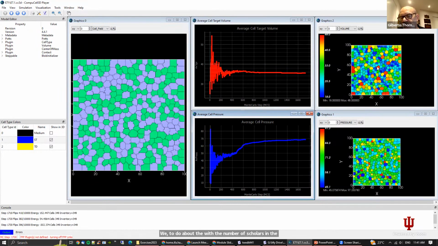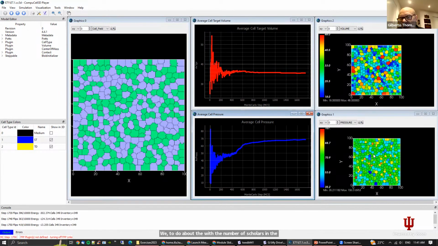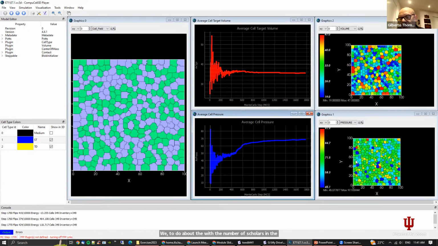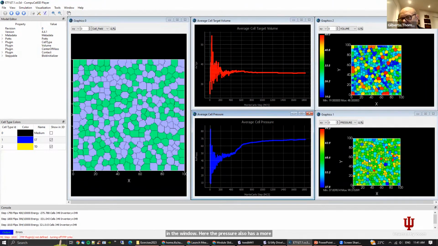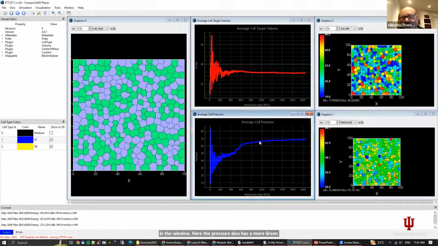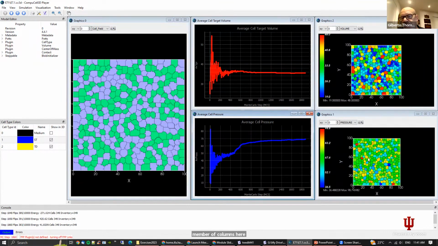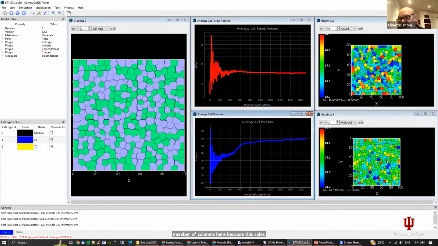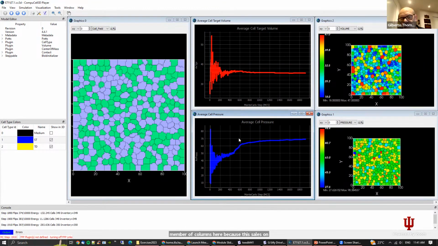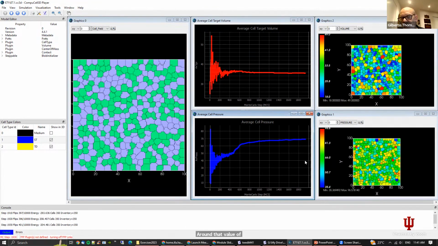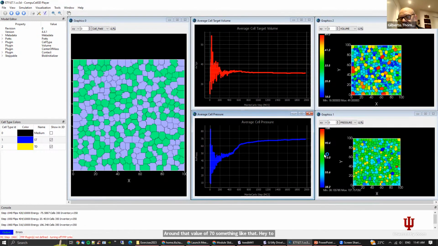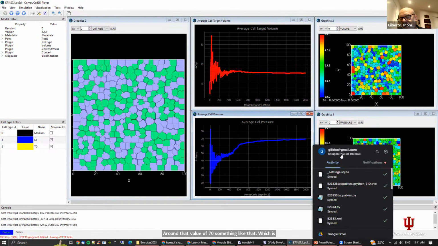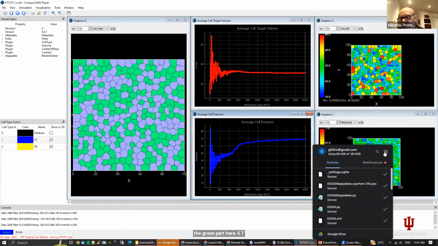the window. Here the pressure also has a more green number of colors here because the cells are average around that value of 70, something like that, which is the green part here. 6770.